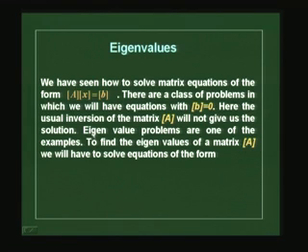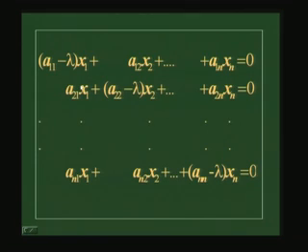For example, when you want to look at the eigenvalues of the matrix A, we know the characteristic equation which you would write is something like A minus lambda I times x equal to 0. So that is a matrix of this form. We may have to solve sets of linear equations of this form, where the right hand side is completely 0.